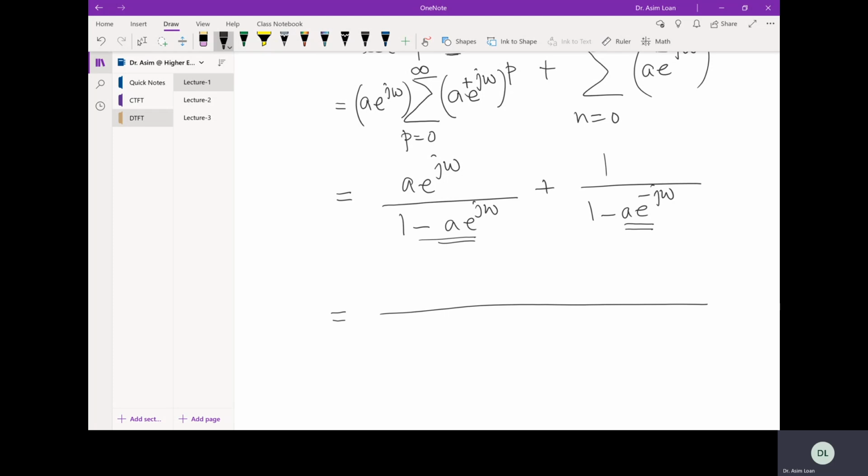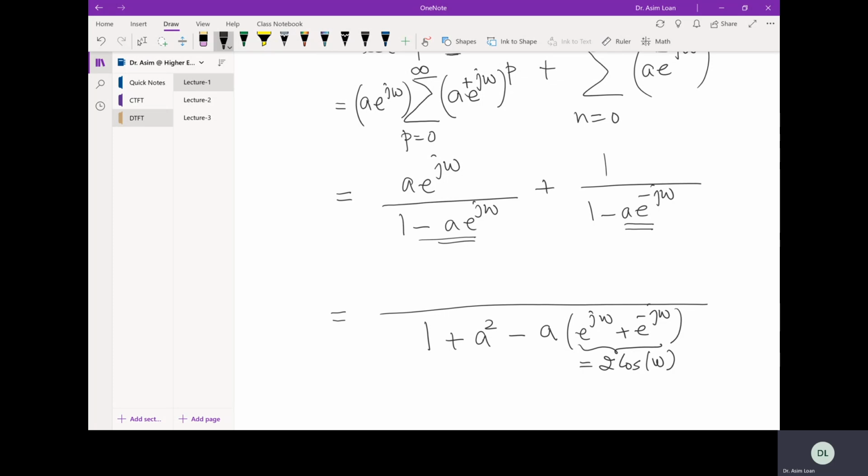So obviously, when we have conjugates being multiplied, this will become 1 into 1 is 1, minus A e j omega into minus A e j omega is minus 1, plus A square, minus A comma, and this is e j omega plus e minus j omega, e j omega plus e minus j omega. But what is e j omega plus e minus j omega? This is simply 2 cosine of omega.